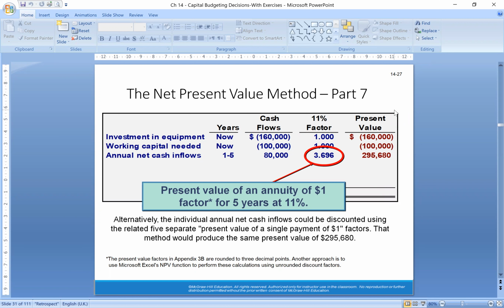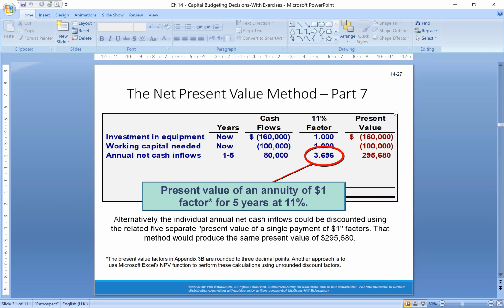The investment in the equipment, I need to pay now $160,000. So what is the time value of money? No time value of money, which means I'm talking about now. So the factor would be 1. 1 means the 160,000 is equal to 160,000 because we are talking about today, not for any other time.